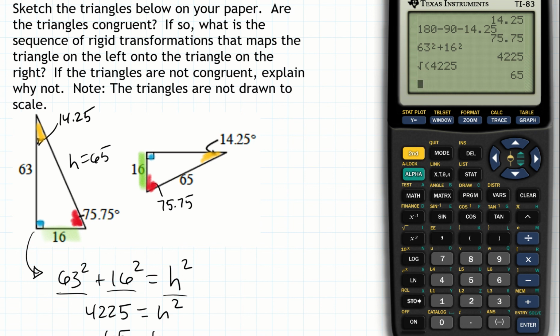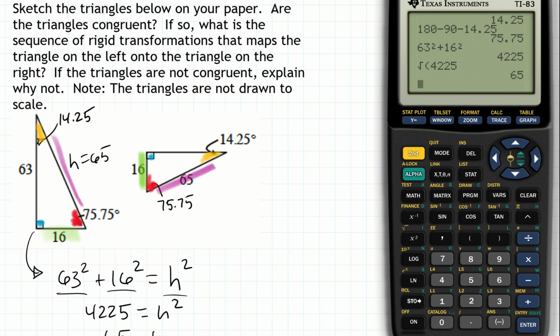I kind of ran out of colors. Oh, I got purple still. So I know that this side length right here is the same length as this side. So if you think about it, now I have five of the things needed to show that the two triangles are congruent. All three of their corresponding angles are congruent, and I have two of their corresponding sides that are congruent.